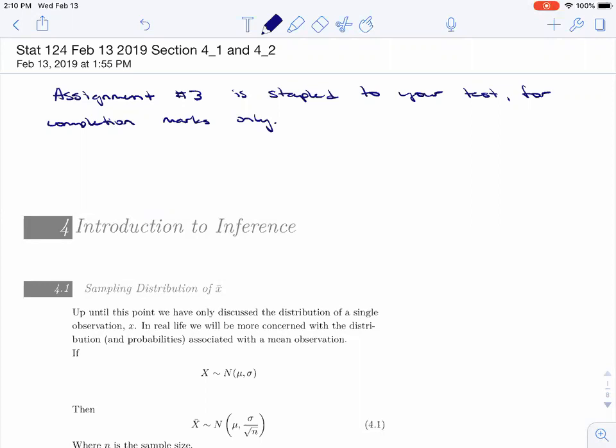So how I mark is I just subtract marks as I go, right? So you'll start with 100% and then I take away marks. That way there's like some secret marks that everyone just kind of has. I think it's a nicer way of marking than you having to build up to 100%. So you'll start at 100% and then I bring you down, or you bring yourself down. I'll say that. Remove all responsibility from me.